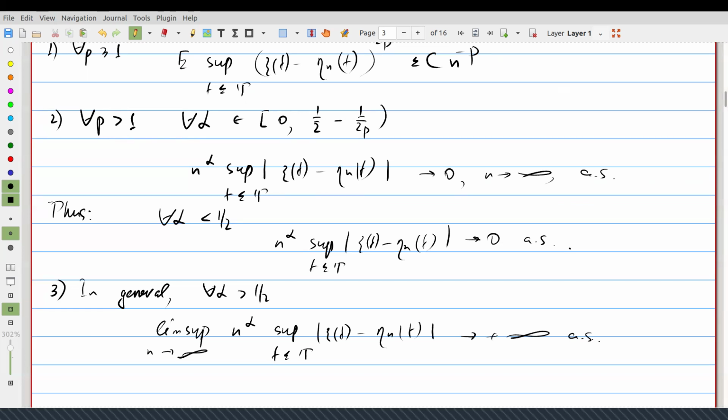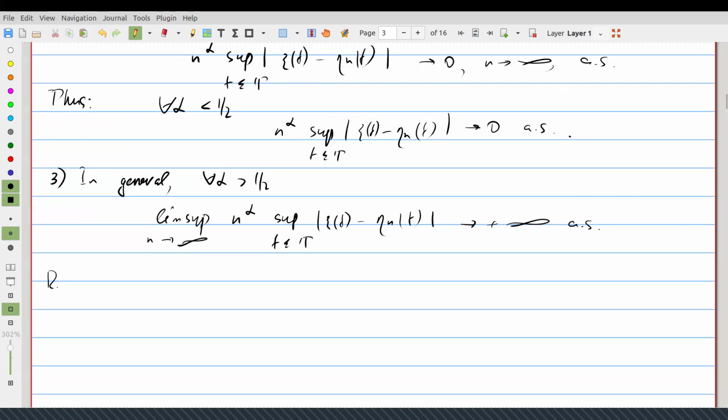The case alpha equals 1/2 is a bit trickier because generally speaking, n to the 1/2 times psi of t minus eta n of t, typically under rather wide set of assumptions on our coefficients, has a limiting distribution.